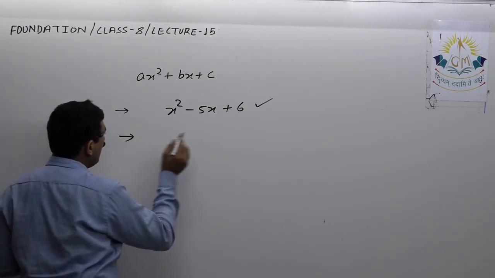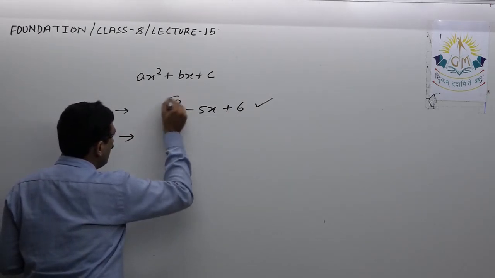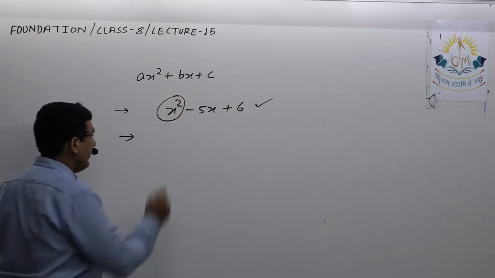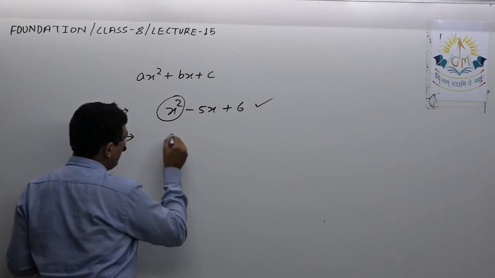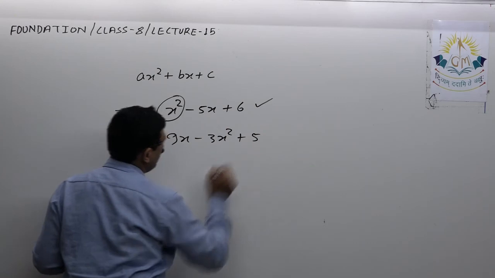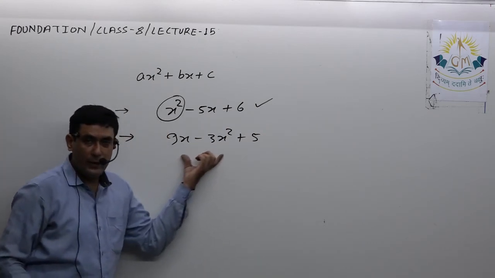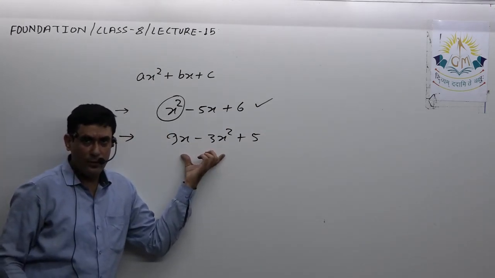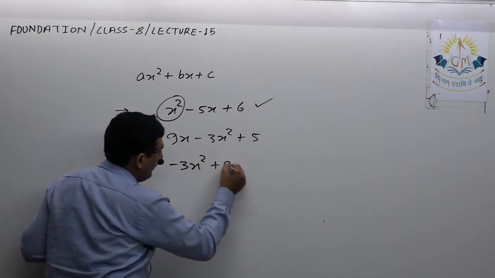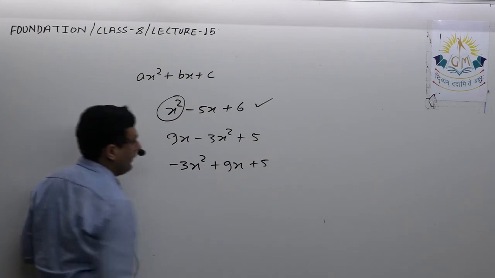Second thing that we have to check is that the first term must be positive. For example, if I say find the factors of 9x minus 3x square plus 5, the first thing I do is write this in the standard form. This is not in the standard form. So I write minus 3x square plus 9x plus 5.